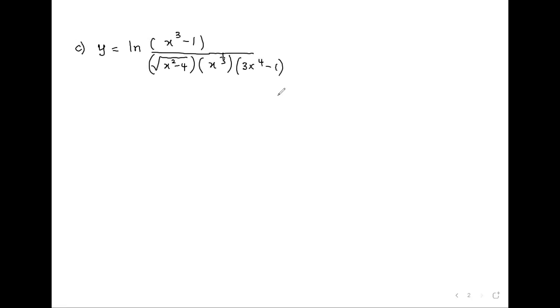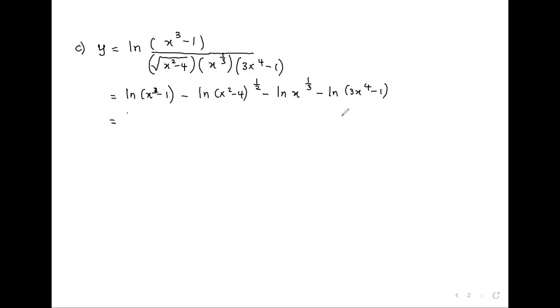Now suppose y is equal to ln of the function x cubed minus 1 over square root of x squared minus 4 multiplied by x to the power 1 over 3 multiplied by 3x to the power 4 minus 1, and you want to differentiate this function. The best way is to apply the ln, that is ln of x cubed minus 1 minus ln of x squared minus 4 to the power half minus ln of x to the power 1 over 3 minus ln of 3x to the power 4 minus 1.